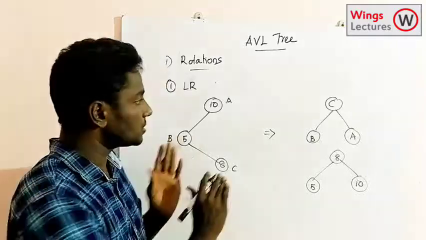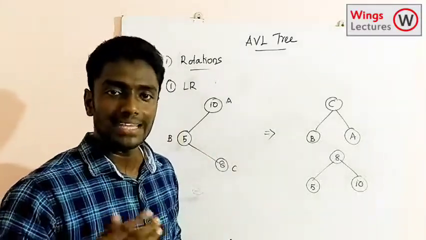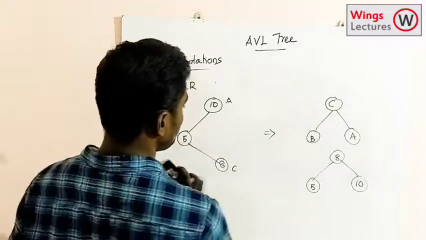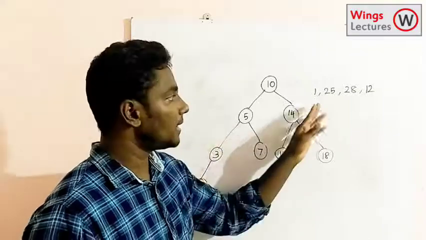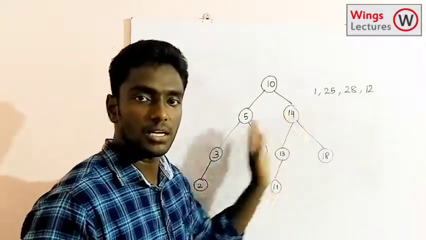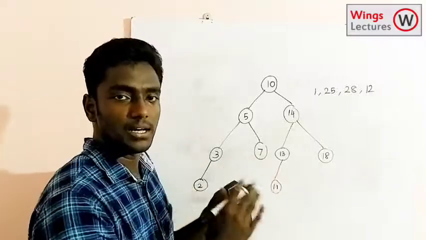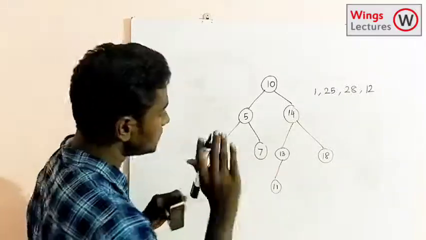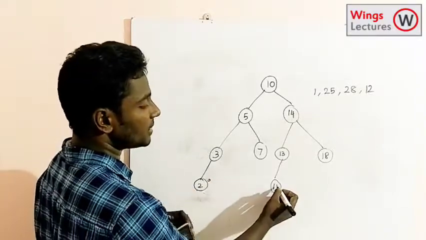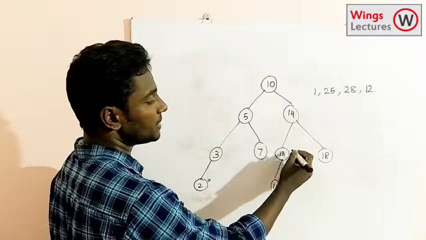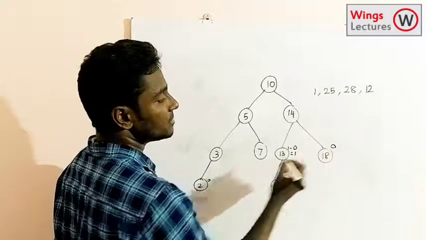Okay. So I hope you understood how the rotation works. Now let me explain with an example. Here I have a tree and some values to be inserted into this tree. First let me check whether the tree satisfies the AVL tree rule. The balance factor of 2 is 0, balance factor of 11 is 0, balance factor of 13 is 1 minus 0, it will be 1. 18 is 0.